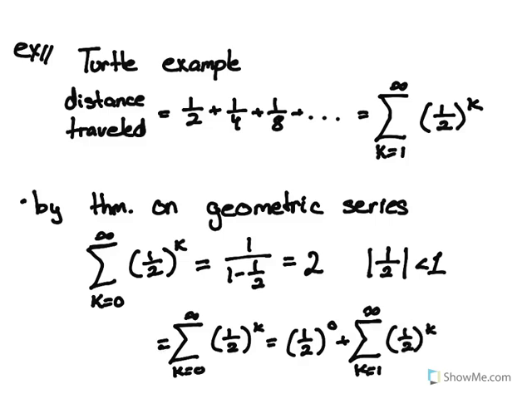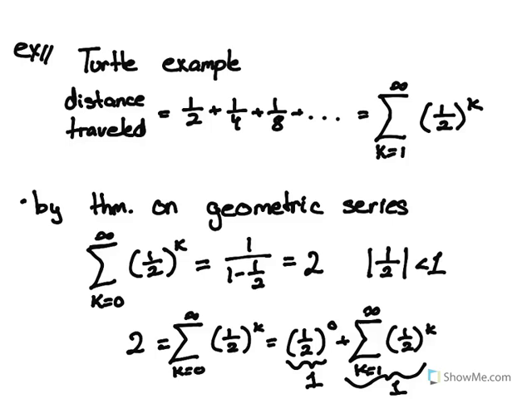The geometric series starting at k equals 0 is equal to 2, and 1/2 to the power 0 is equal to 1. So this series is also equal to 1, because 1 plus 1 equals 2. And this is the result we wanted, because we know our turtle has traveled a distance of 1, which is how we got this series, based on the fact that he must first travel halfway from 0 to 1, and then half of that, and then half of that, and so on.